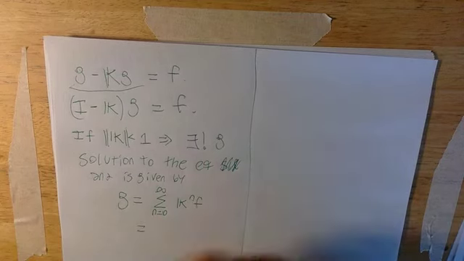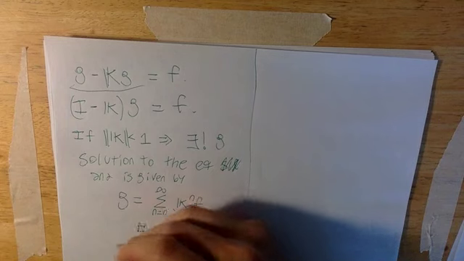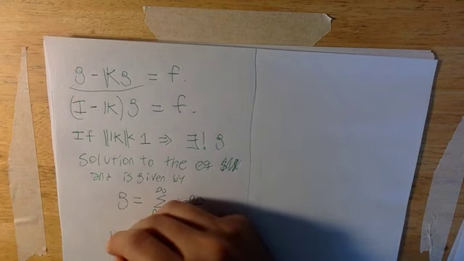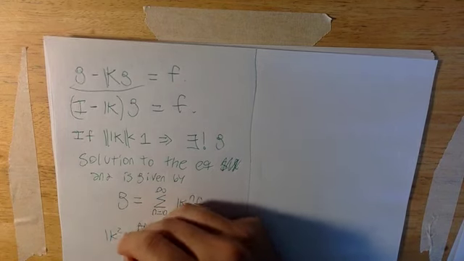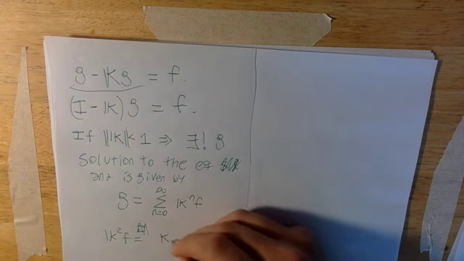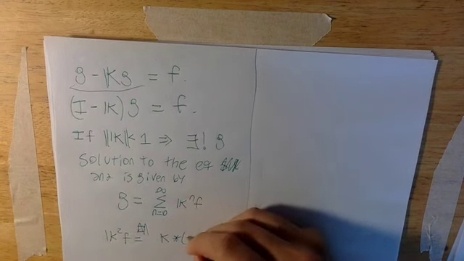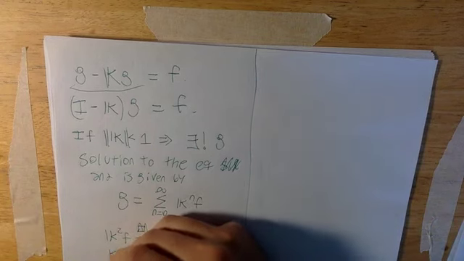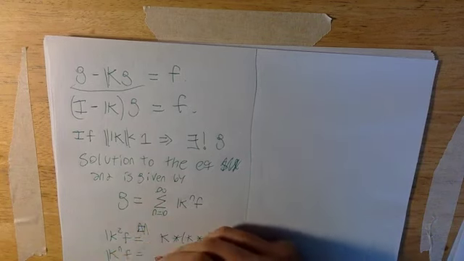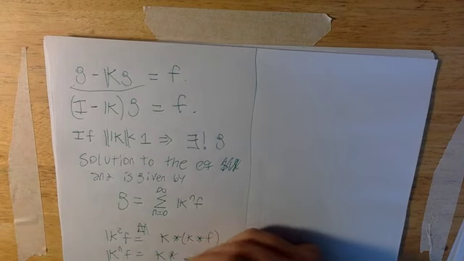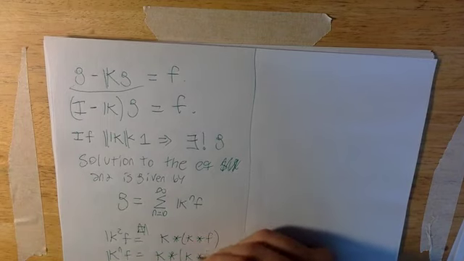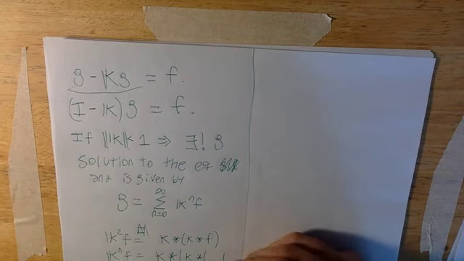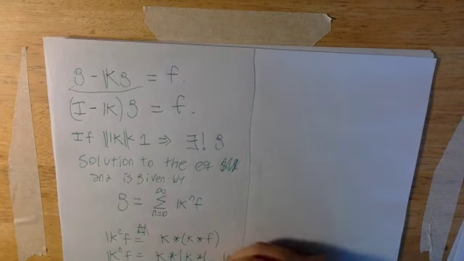So K squared applied to f is just little k convolution k convolution f. So K^n of f is just little k convolution k convolution, up to k convolution f, and this is done n times.